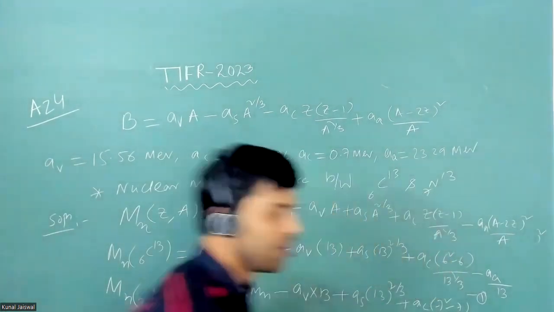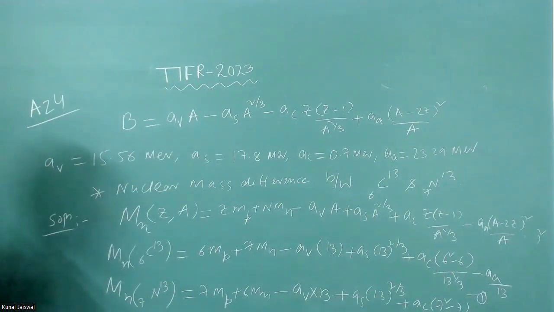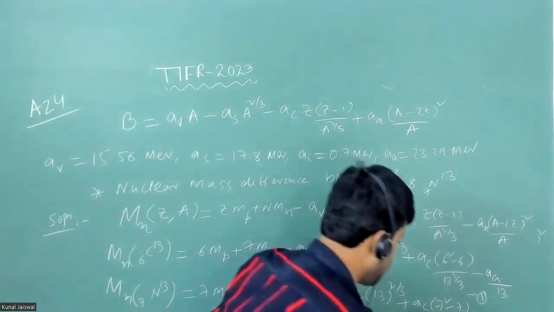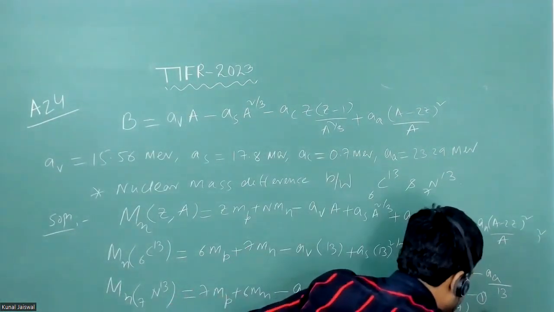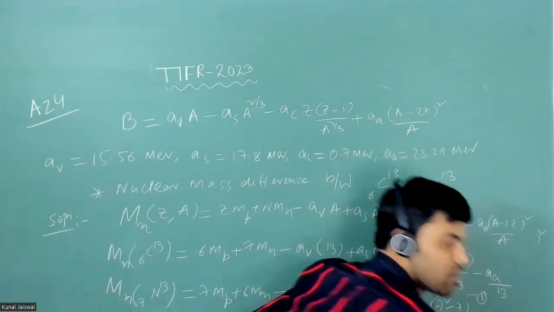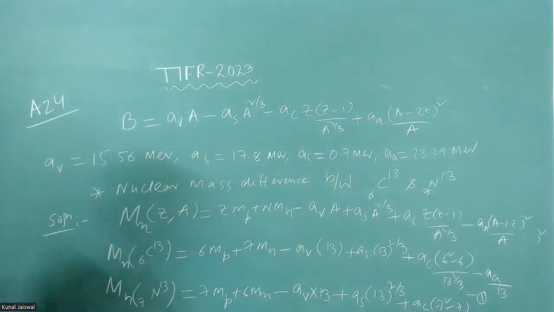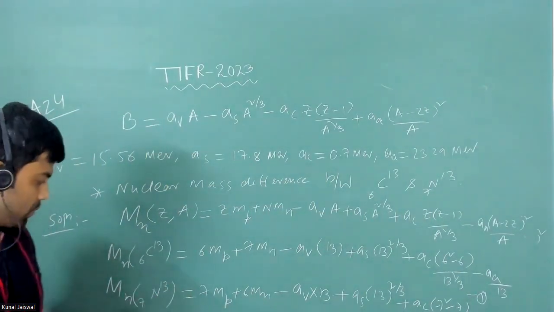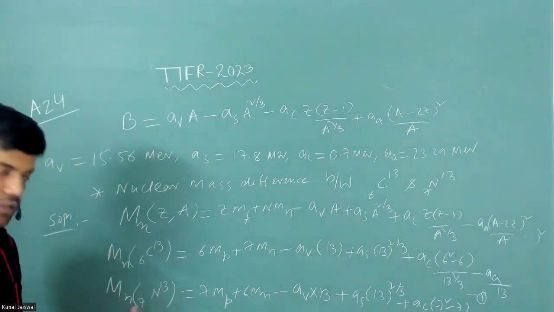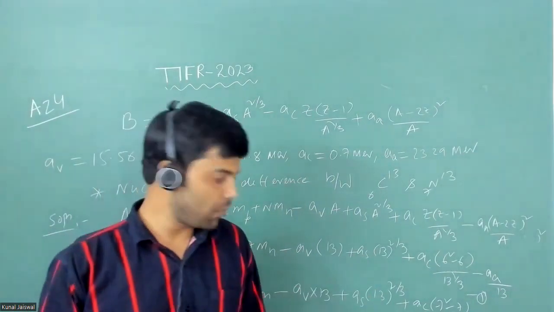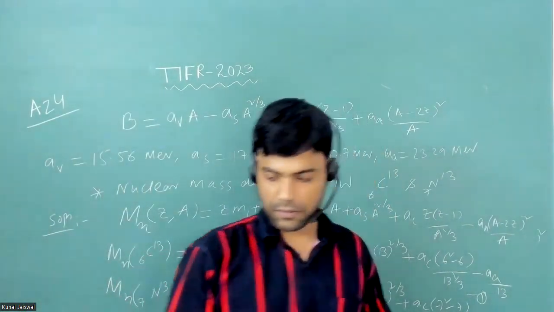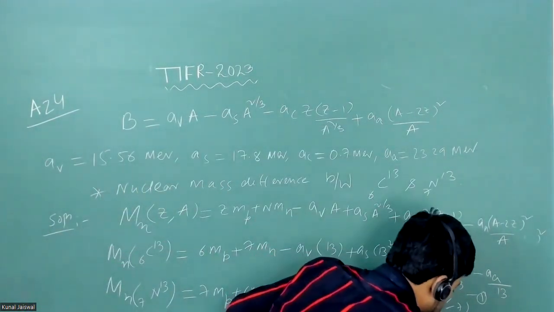Again there is the asymmetric energy term, AA times (13 minus 14) squared, which is 1, divided by 13, and the mass number is 13. Let us assume this is equation number 2.